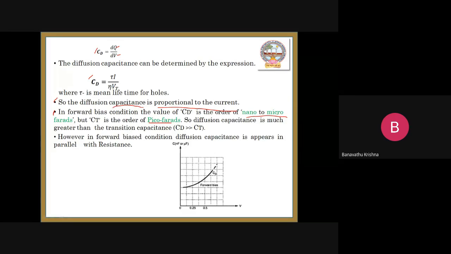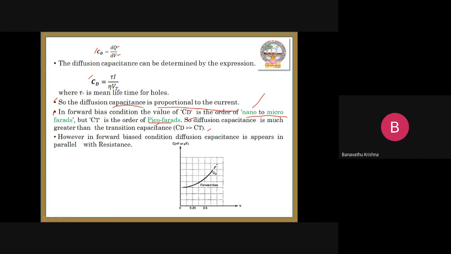Nano means 10 to the power of minus 9 to 10 to the power of minus 6, but here it is 10 to the power of minus 12, which is a very small value compared to the diffusion capacitance. So the diffusion capacitance is much greater than the transition capacitance, that is CD is much greater than CT.